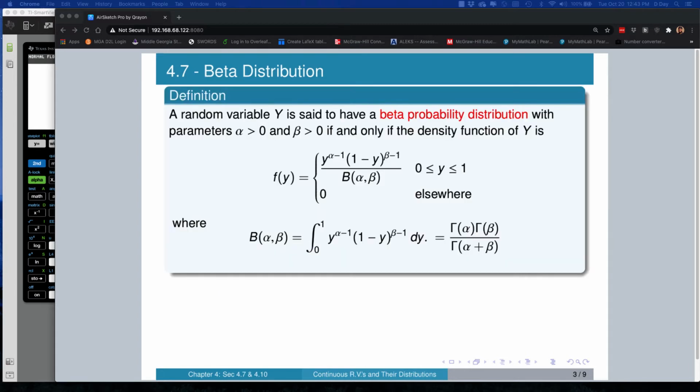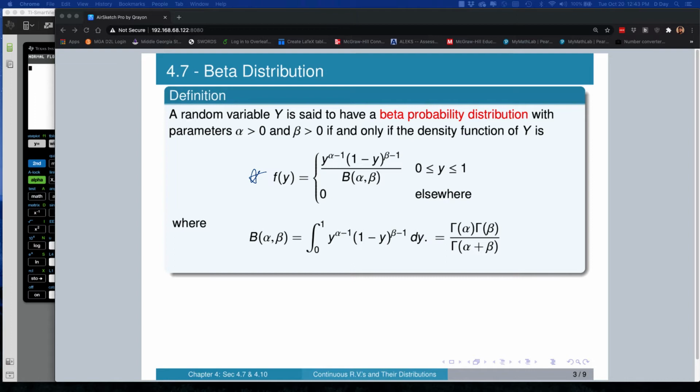So here's the beta probability density function, the PDF. Little f of y is equal to y to the alpha minus 1 times 1 minus y to the beta minus 1.